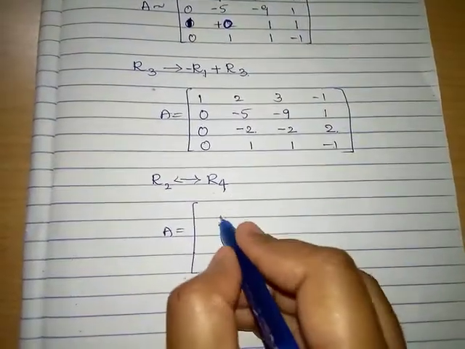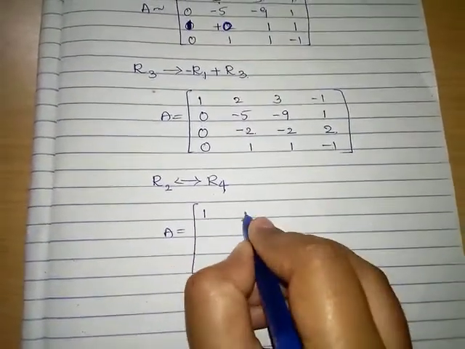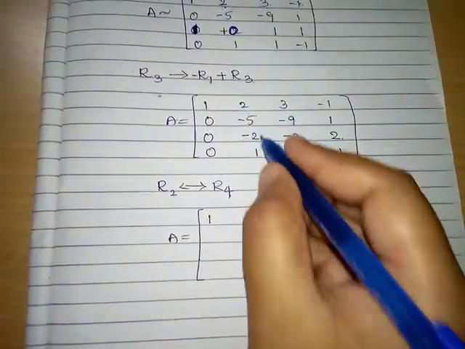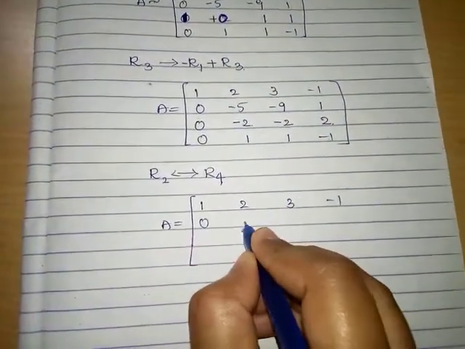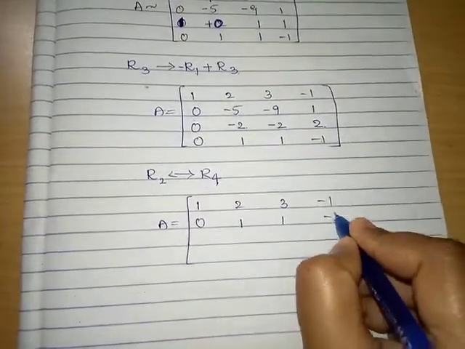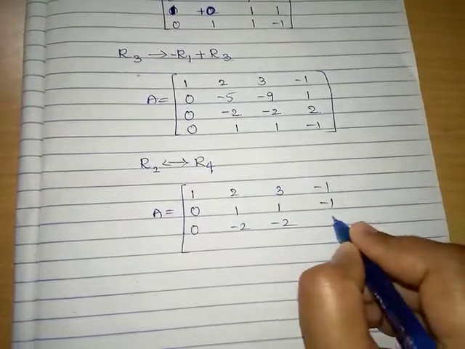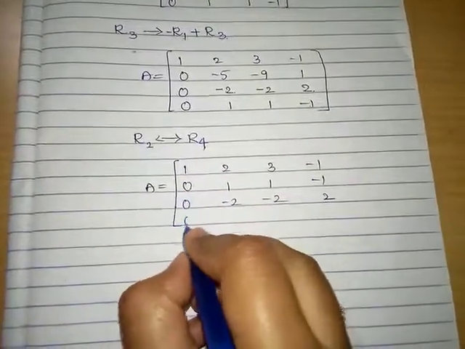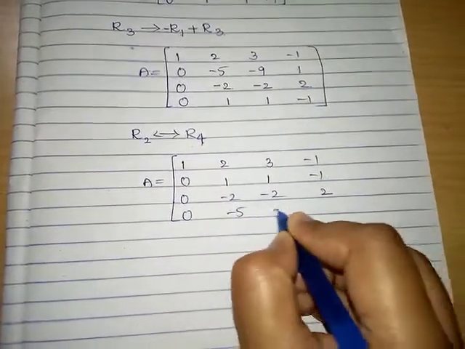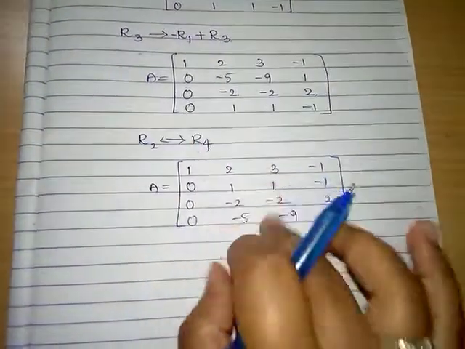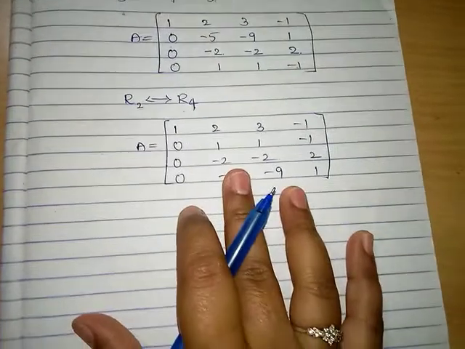When you do it like this, it will be 1 2 3 minus 1. Then R2 changes to R4, so it is 0 1 1 minus 1. R3 as it is, 0 minus 2 minus 2 2. Then R4 is 0 minus 5 minus 9 1. This is the transformed matrix after this transformation.